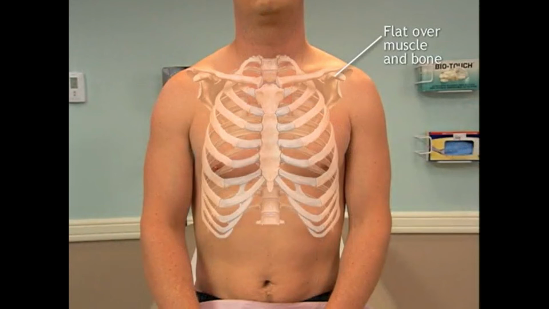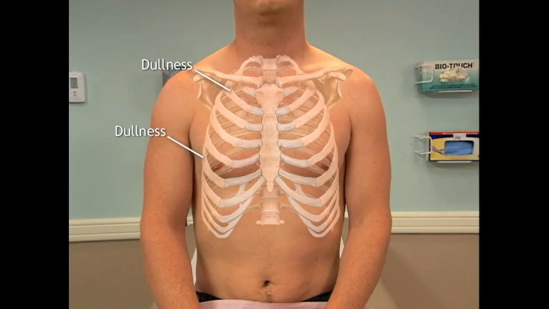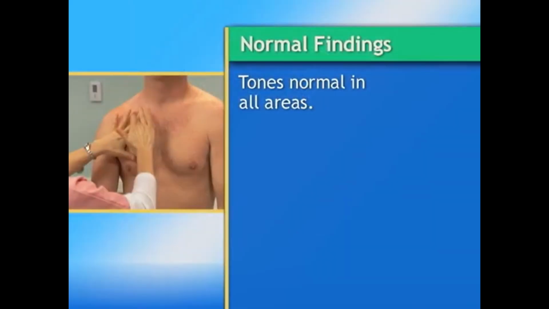You should hear flatness over the muscles, resonance over normal lung tissue when percussing over the intercostal spaces, and dullness over breast tissue and directly over the ribs. Tones normal in all areas.